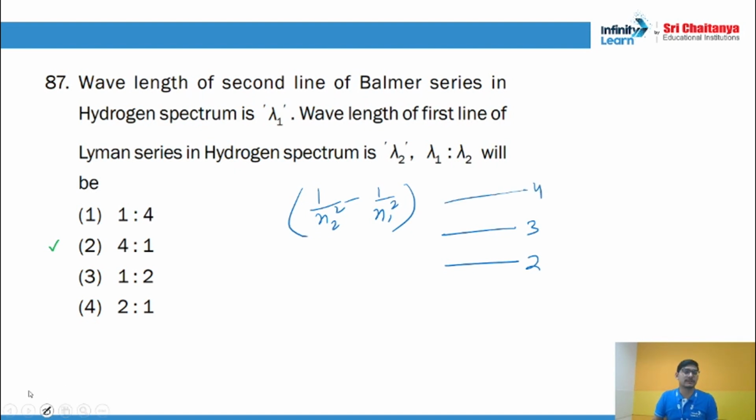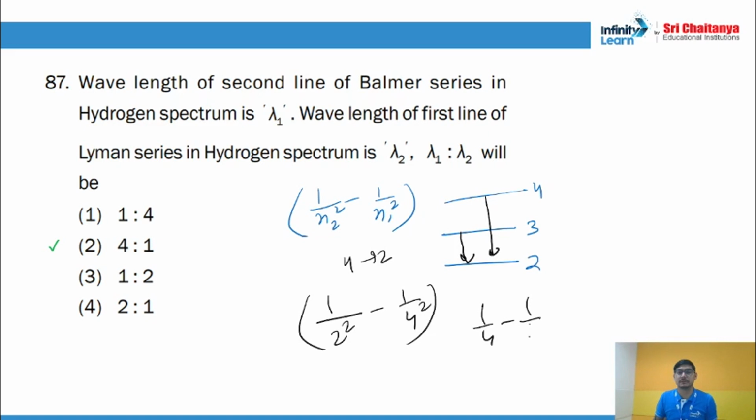The question is about the second line of the Balmer series. So this is our first line, this is our second line. So the transition is 4 to 2. Is that clear? So this will be 1 upon 2 square minus 1 upon 4 square. You can check, this is 1 upon 4 minus 1 upon 16. So this is 3 by 16. Is that clear? This is 3 by 16. And the wavelength of the first line of the Lyman series. Lyman series is when the electron drops into the first orbit.